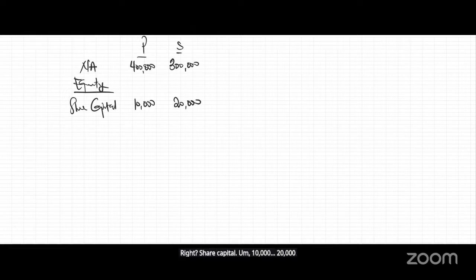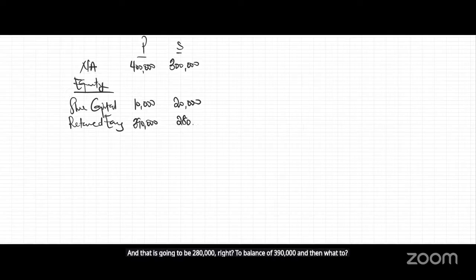Then I have retained earnings. This one is going to be 390,000 for this guy, and that is going to be 280,000. Okay, so let's say this is the information we have.